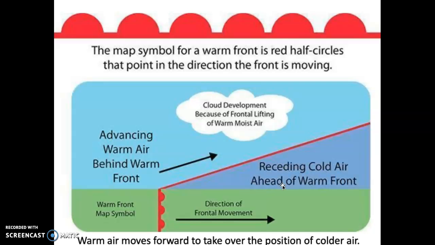As the front approaches, clouds appear and the sky turns gray. In wintertime, you're going to start seeing snow. In summertime, you're going to start to see rain and precipitation, or maybe even thunderstorms. The winds will increase as the front approaches.